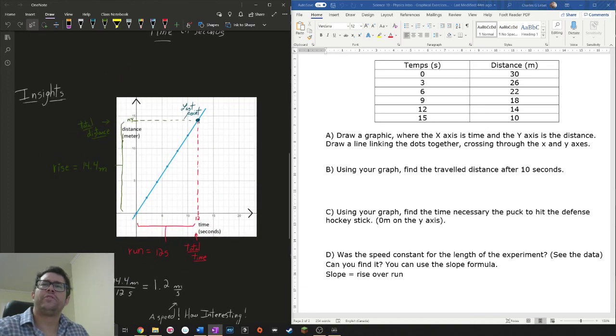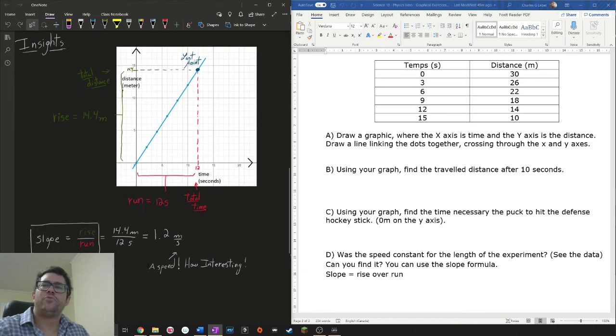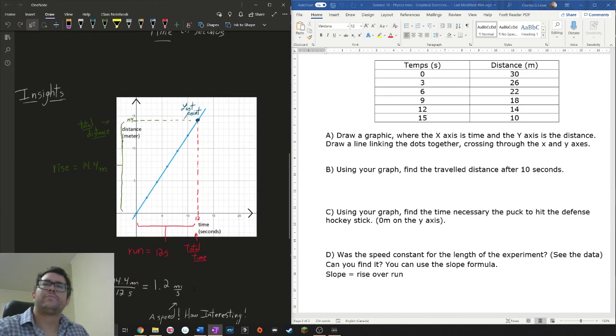Here, the last point. The rise from the first to the last point was 14.4. The run from the first to the last point was 12. Throw that in the formula, you get the same answer. And that will be the basis for understanding graphs for now. Thank you.